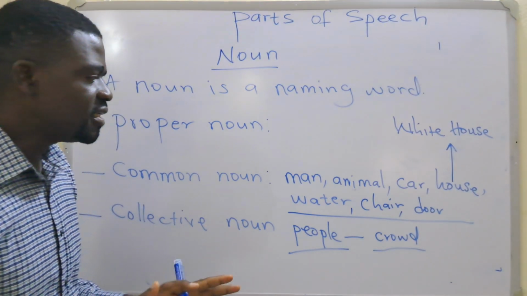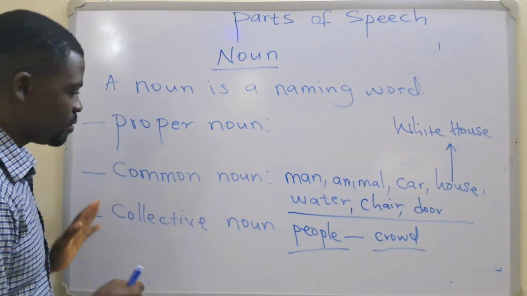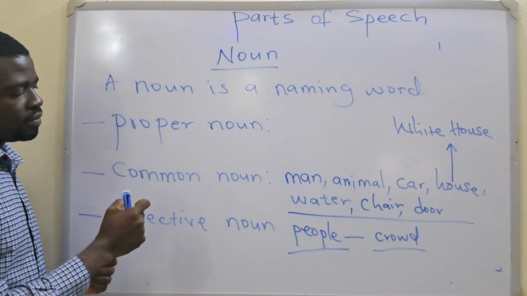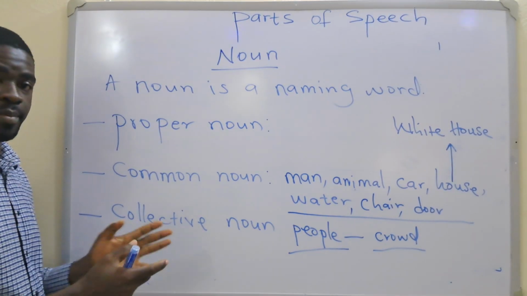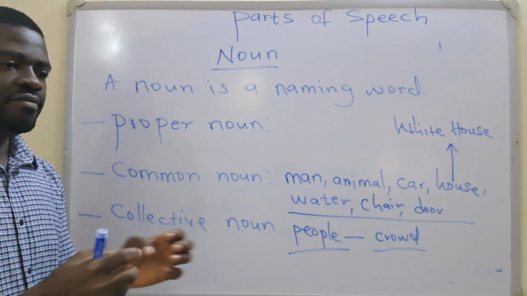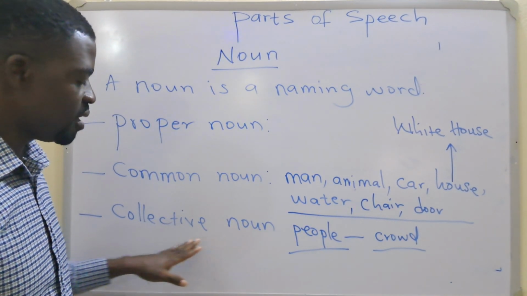So, collective nouns are those names given to a group of nouns. It could be a group of animals, a group of people, or objects, or anything. If you have this in a group, then it becomes a collective noun.